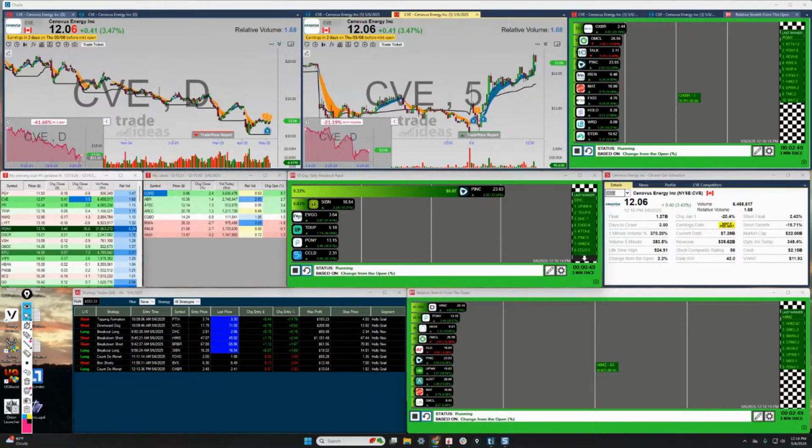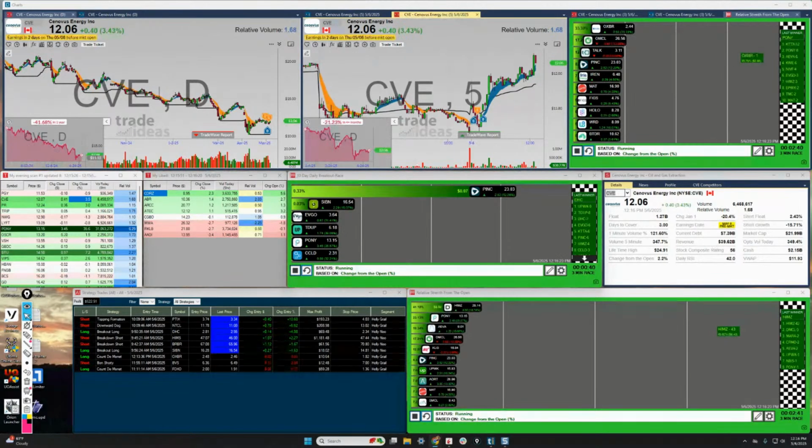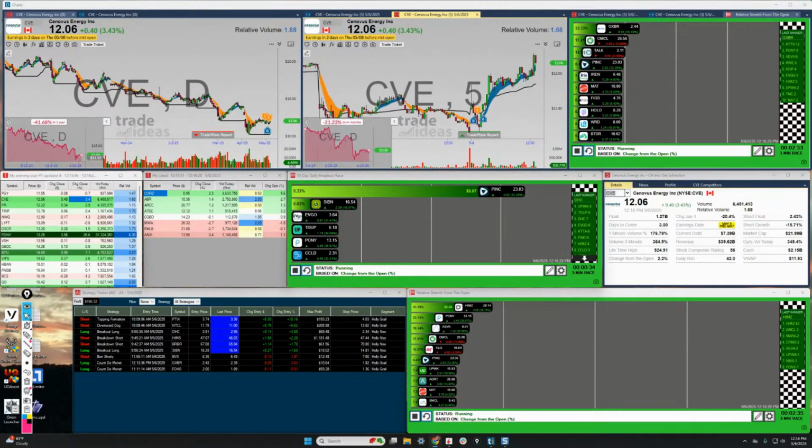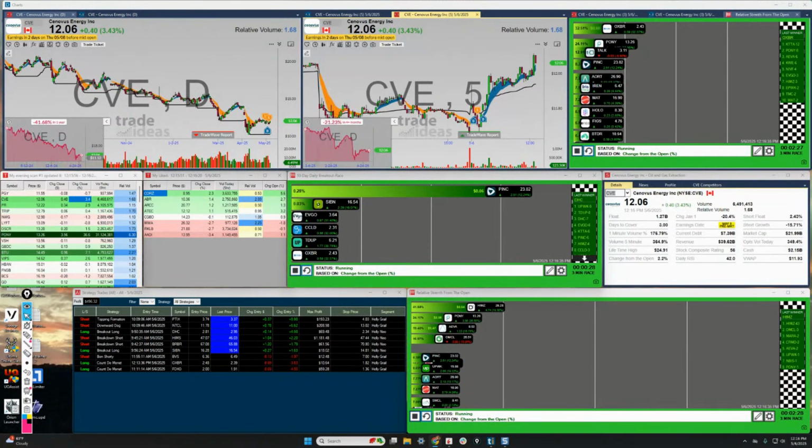Some things that I'd like to throw out there about the Money Machine. There's not going to be some strategy that exists that you just plug in and it's going to make you rich. The Money Machine strategies are going to be things you're going to need to create and test in simulation and see how they work, make the adjustments afterwards, and so on and so forth. So the big highlight of the Money Machine to me is the dynamic way that it can enter and exit trades that don't exist in other software right now.